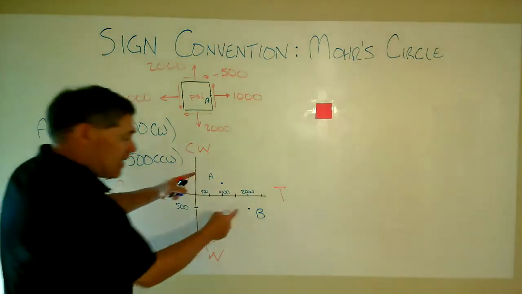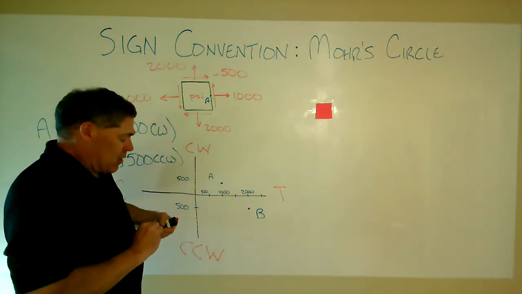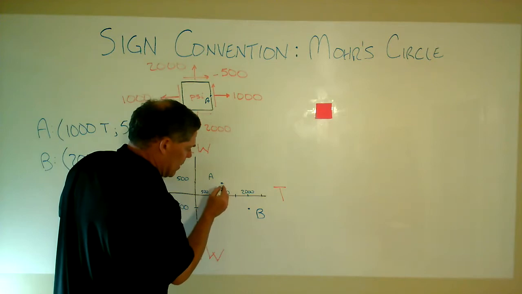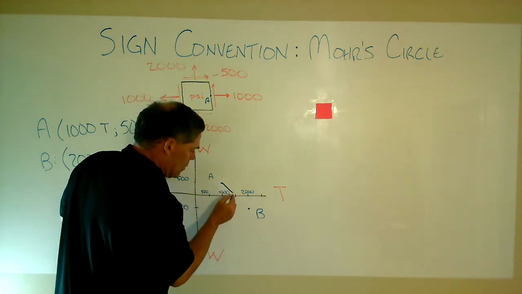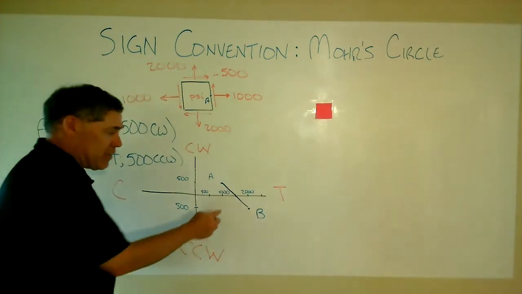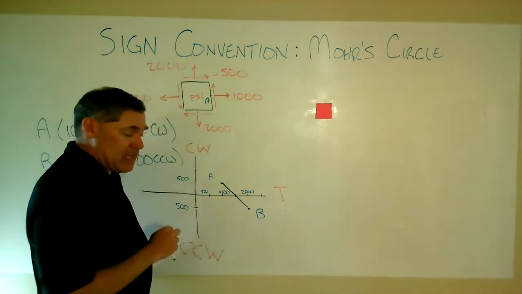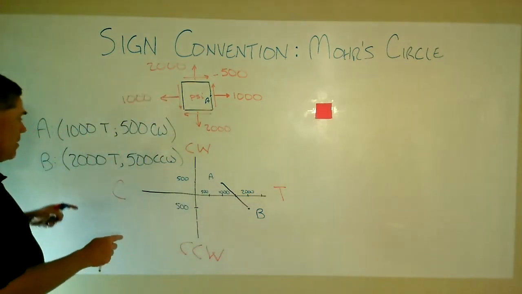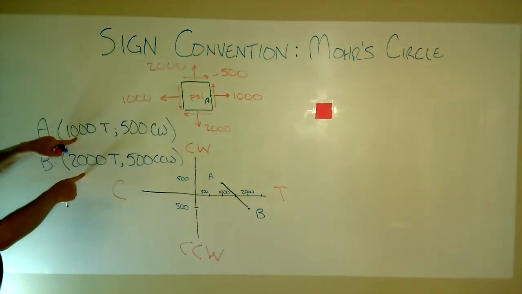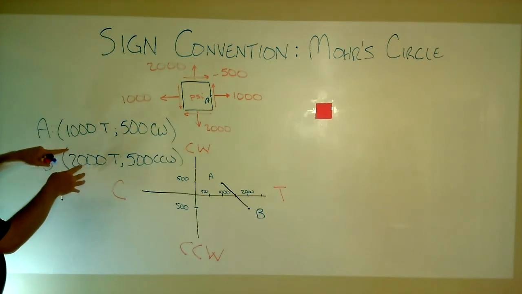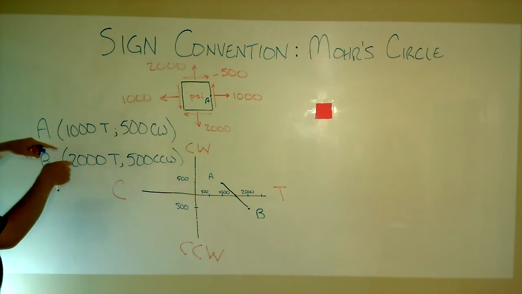In fact, A and B are diametrically opposed. They're just on opposite sides of the circle. So we can draw a diameter, and where it intersects here will be exactly the center of the circle. What that really means is the average of those two: 1,000 plus 2,000 is 3,000, divided by 2.